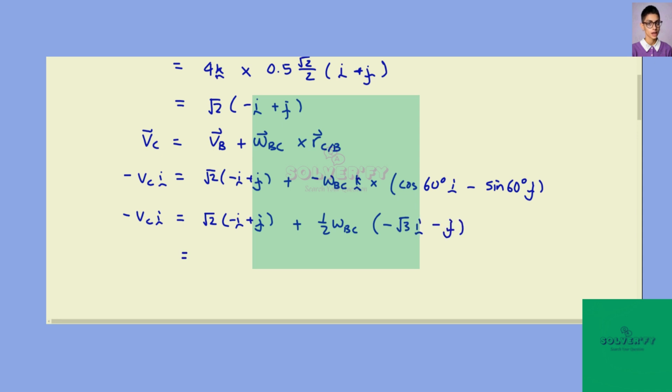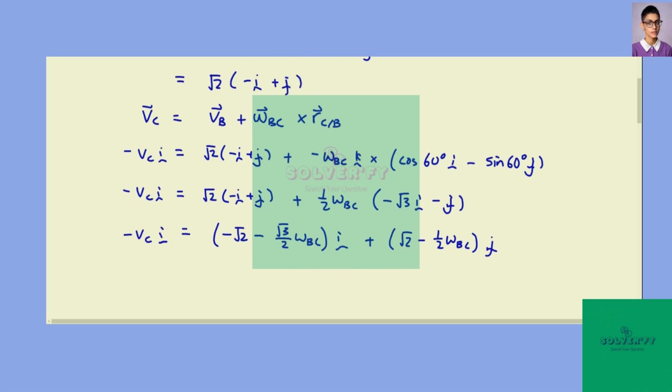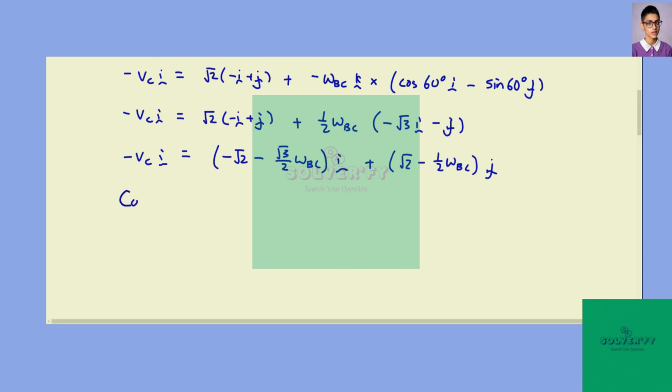Then we group the terms: (minus root 2 minus root 3 over 2 omega BC) I plus (root 2 minus half omega BC) J. Then we compare components.